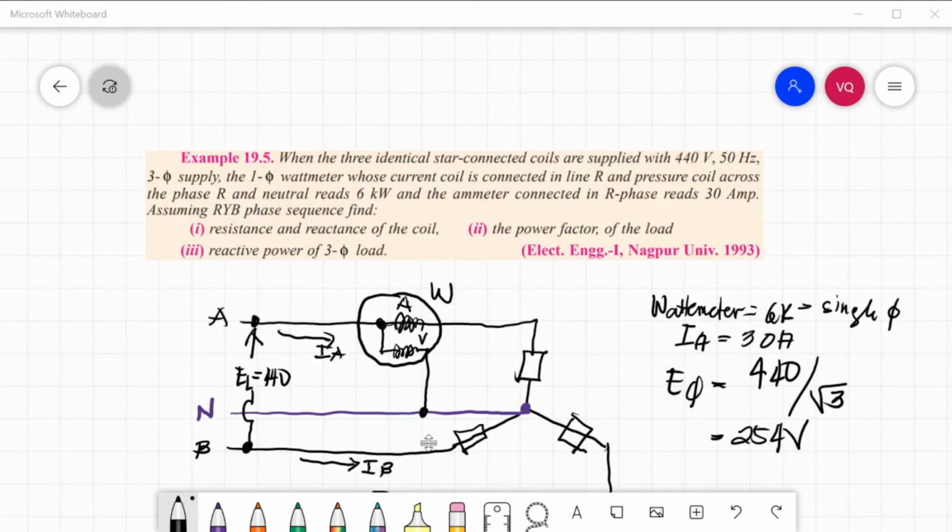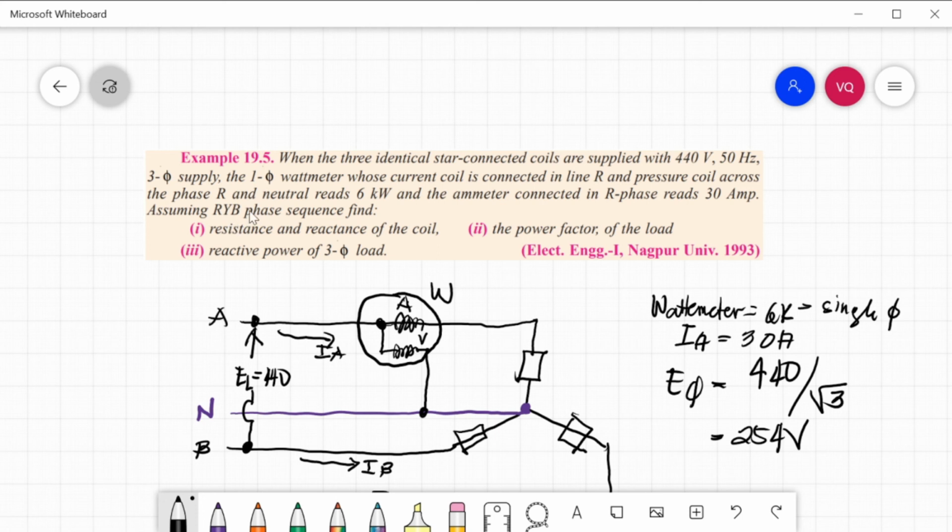Next example, when the 3 identical star-connected coils are supplied with 440 volts 50 Hz 3-phase supply, the single-phase wattmeter whose current coil is connected in line R and pressure coil across the phase R and the neutral reads 6 kilowatts and the ammeter connected in R phase reads 30 amperes.